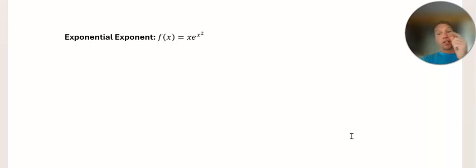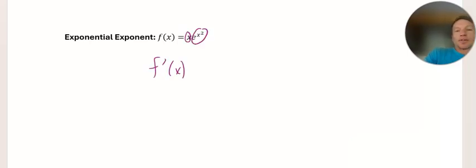Okay, you see this and ask, what rules do I need? You say, I'm going to need the chain rule, because I've got e to the x squared, that's a composite function. But I'm also going to need the product rule, because I've got a product there, a function of x times a function of x. So I leave the first guy alone, take the derivative of e to the x squared. E to the x squared is its own derivative, times the derivative of x squared, which is 2x, plus, and then you take the derivative of this one, which is 1, and you leave the second guy alone, e to the x squared.